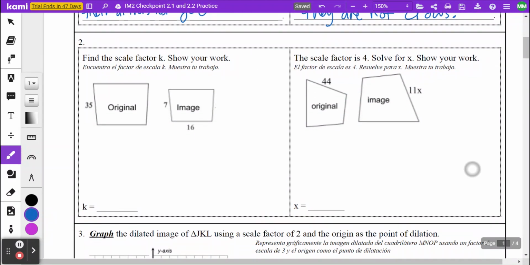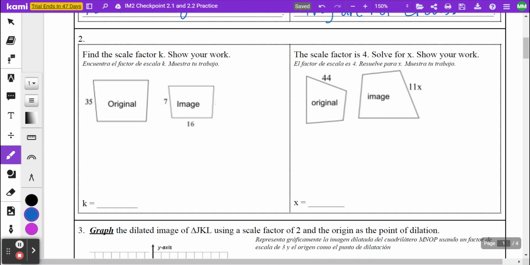Next problem, number 2. Find the scale factor k, and we're going to show our work. As a reminder, scale factor equals image over original, and you have to use corresponding parts.